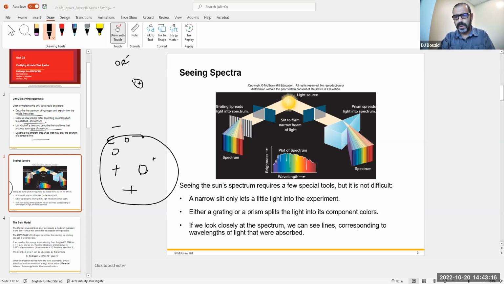Then, before Mr. Bohr, they were suggesting that if this is true, because this is a negative charge and this is a positive charge, atoms should not exist at all, because the electron will spiral down and fall into the nucleus, and it will fall before you even blink your eye. So atoms should not really exist if this is true and you use classical mechanics to interpret it.